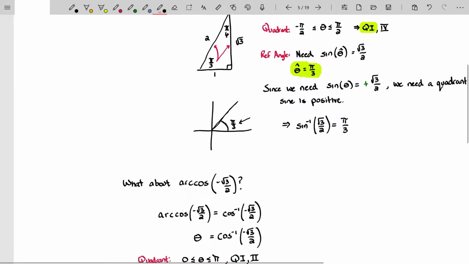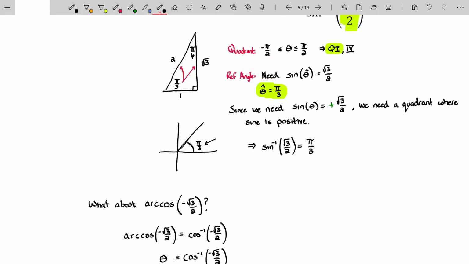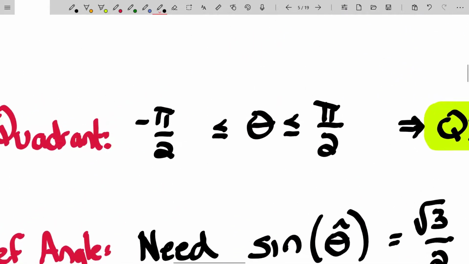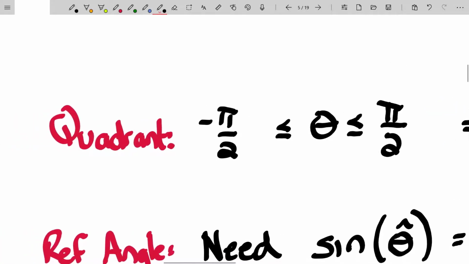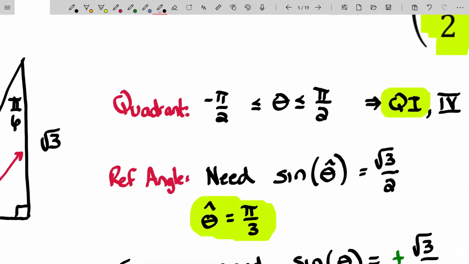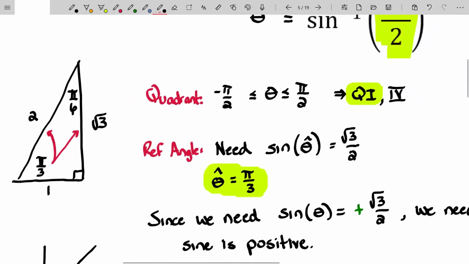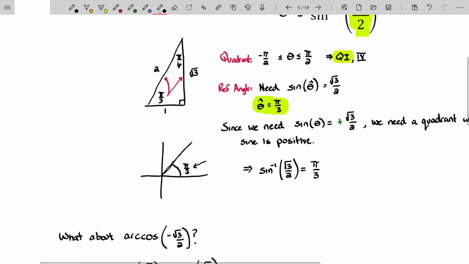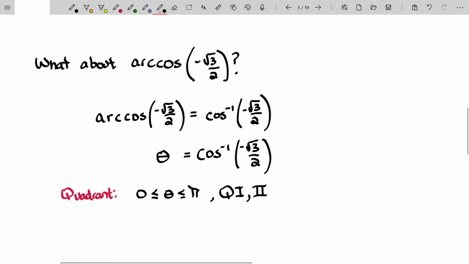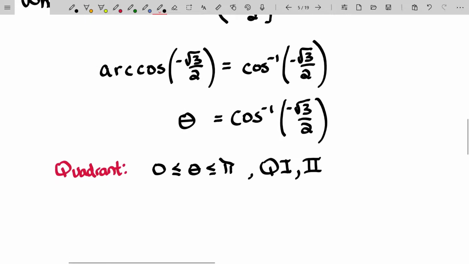The way we knew the actual angle was pi over 3 was the fact that the sine inverse could not return an angle outside of negative pi over 2 to positive pi over 2. So that really kept us restricted as far as what our answers could be. Anyhow, it is kind of important to write down that inequality.